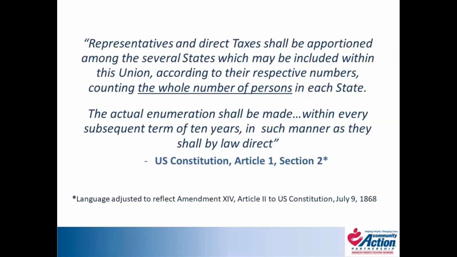So the census is something that we have been doing in this country since 1790. That was the first year that we did the census. We do it every 10 years, and we do it because the Constitution tells us to. It is Article 1, Section 2. The founding fathers wanted us to count all of the people who live in the United States every 10 years to apportion.